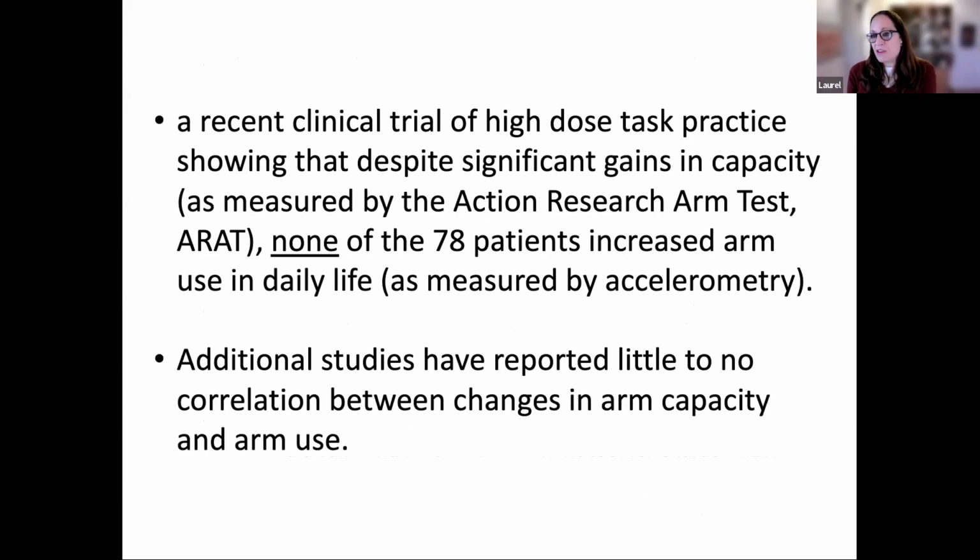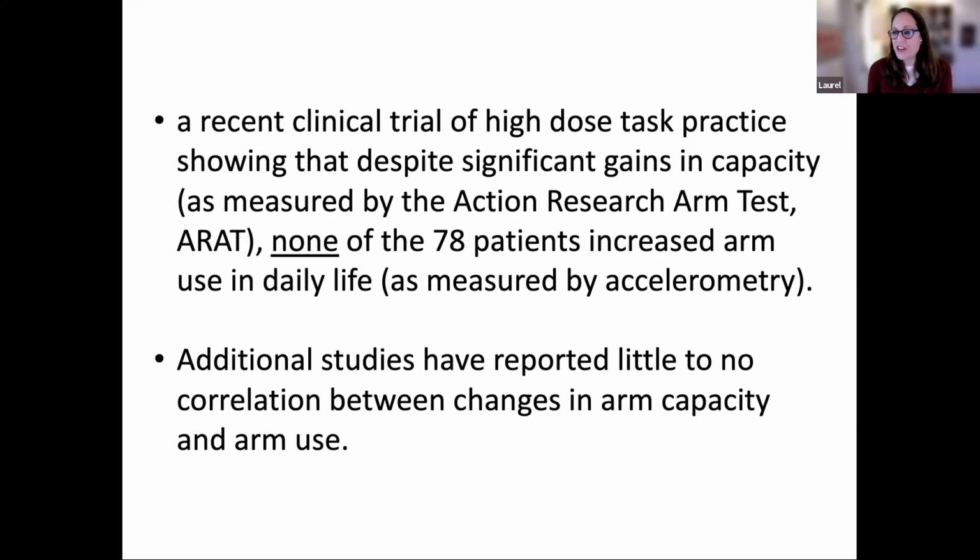As an example of how we know that non-use is a problem, there was a recent large clinical trial with 78 participants. Well, I suppose that's not large, but medium-sized, showing that despite significant gains in capacity as measured by the Action Research Arm Test, none of the 78 patients increased their arm use in daily life as measured by accelerometry.